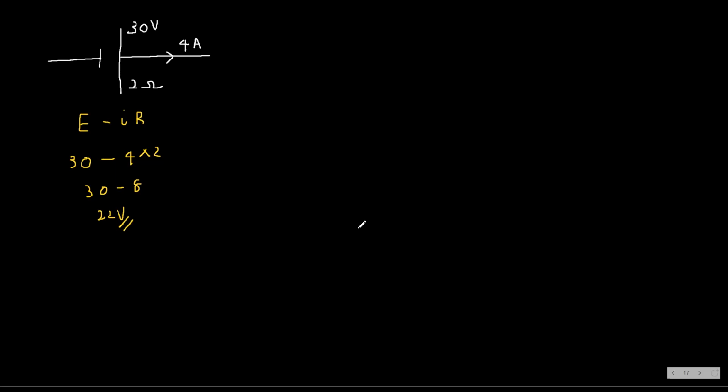If I am taking another example, if it is 1 ampere and 10 volts and 2 ohms. Is it passing away from the positive terminal or passing into the positive terminal? Into the positive terminal.